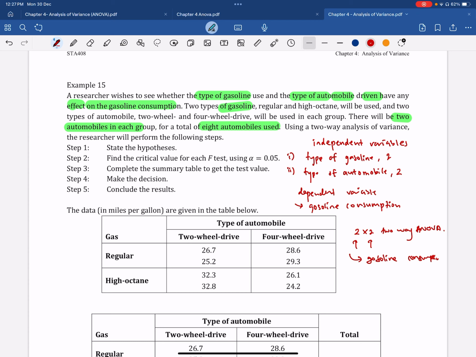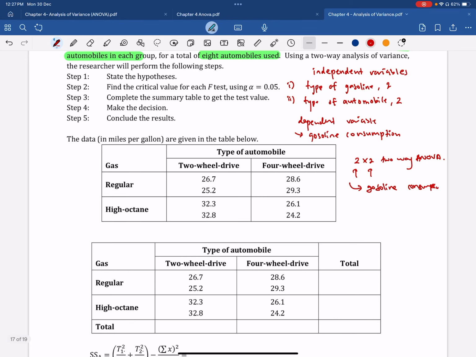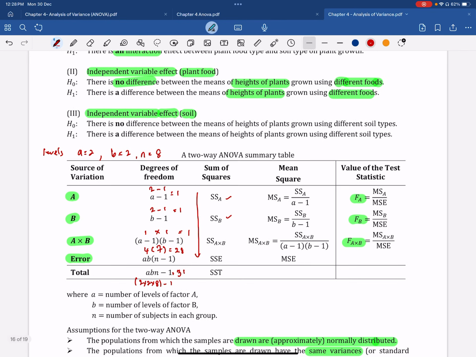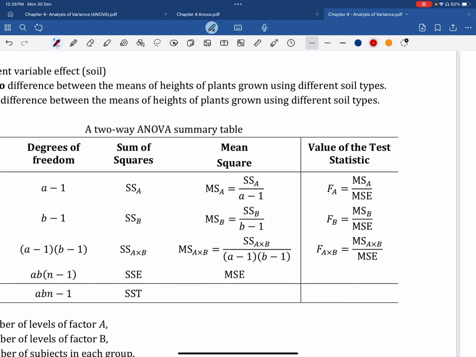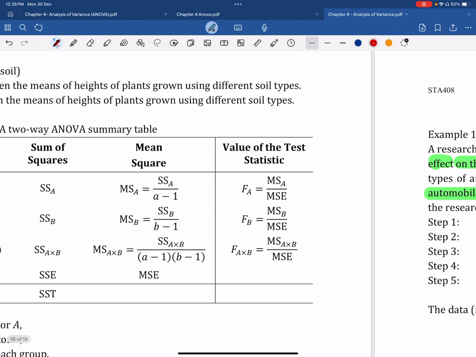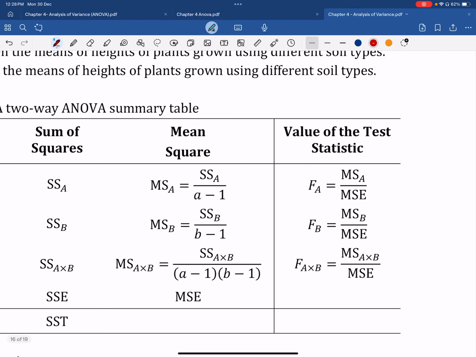And step two is the critical value for each F test. Basically we have three F statistics. When we do our hypothesis testing, each must be compared with the FCV.